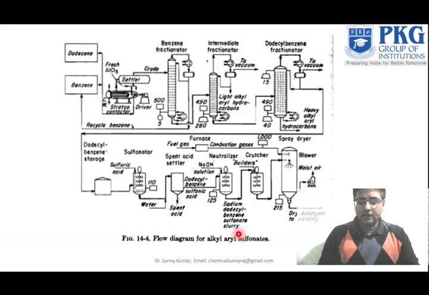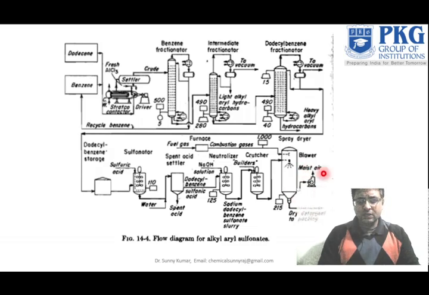After that we send it directly to the crusher, where it is mixed, and then we send it to the spray dryer. In the spray dryer we dry our slurry with the help of combustion gases produced by the furnace, and the treated solution is sprayed, and then we get the dry detergent for packing purposes.